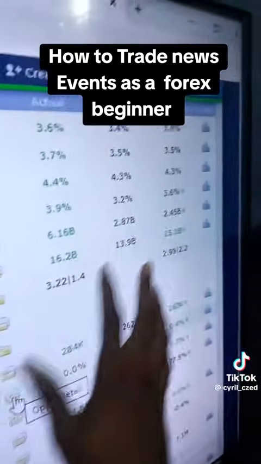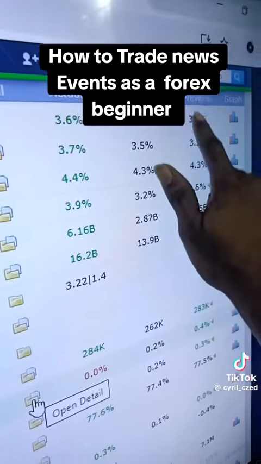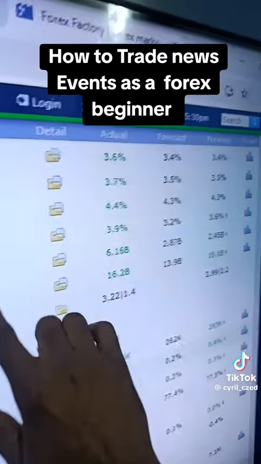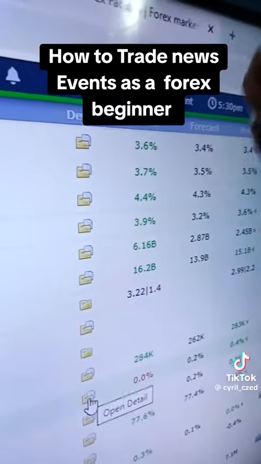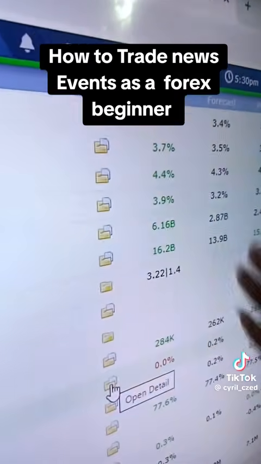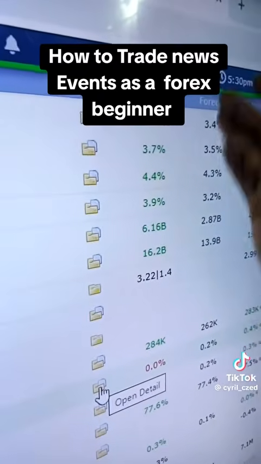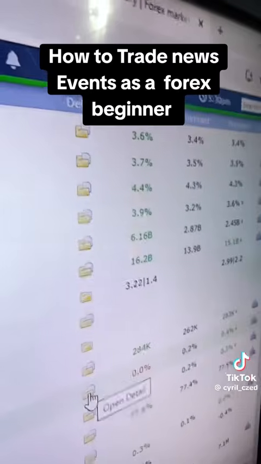Now if you watch closely, there is previous, forecast, and actual. The previous is the result of these economic events in the past. The forecast is what traders are anticipating at a particular given time. It has not happened, but this is what the market anticipates will happen.